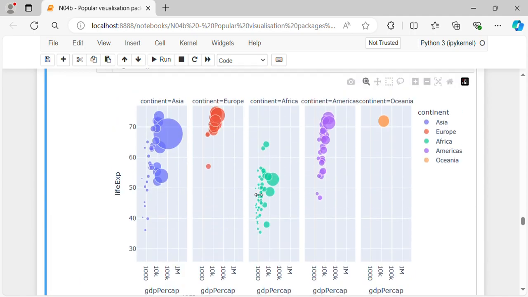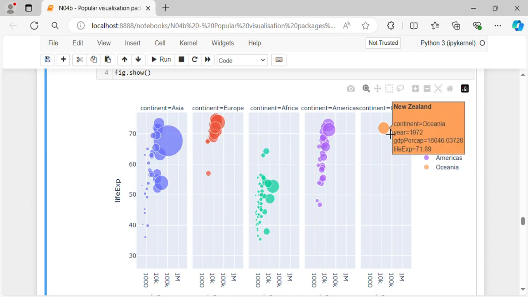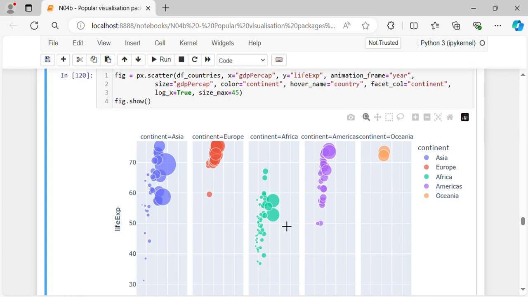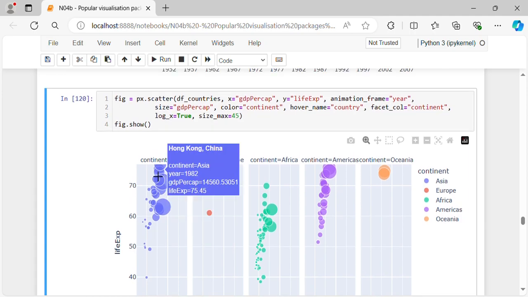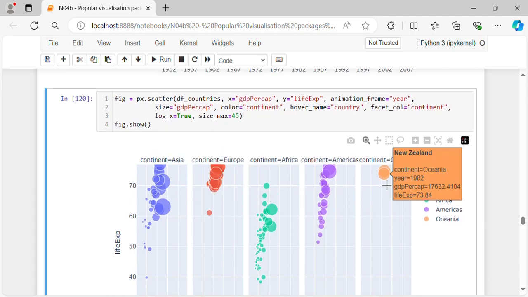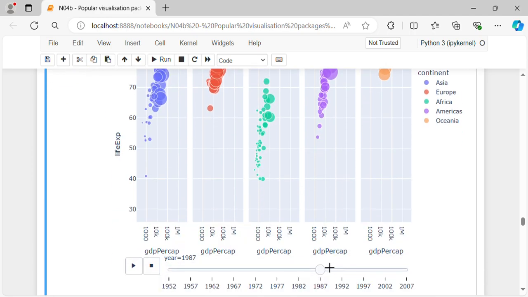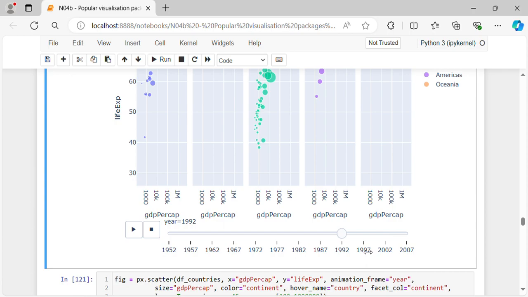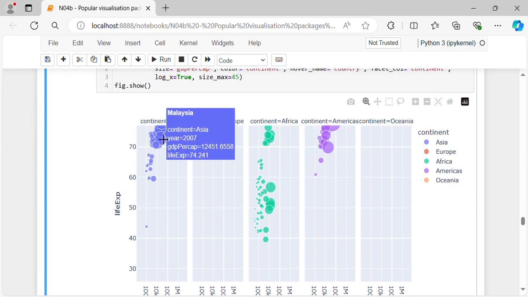And for 1972, the life expectancy is increasing again. 77, yes, so it is increasing. So we can see that it's increasing. Still increasing. So in 2007, we can see that it's quite high.